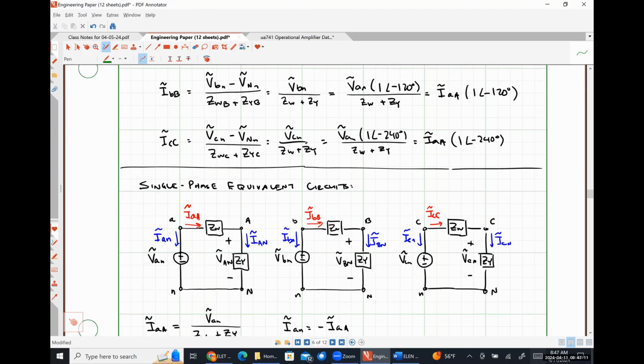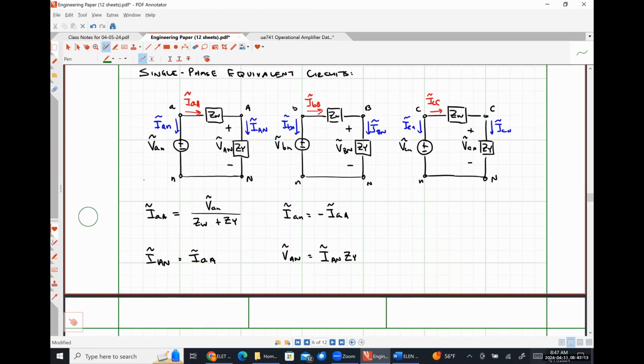And I think we actually wound up doing this on Tuesday as well. But we could see from inspection of our three-phase circuit, VAB is nothing more than VAN minus VBN, which comes out to be VAN times root 3 angle 30 degrees.